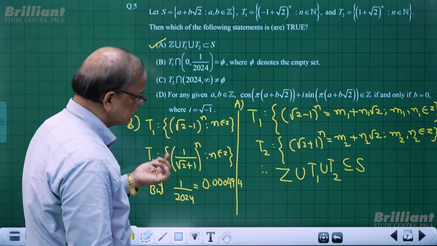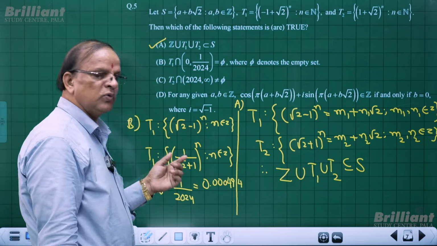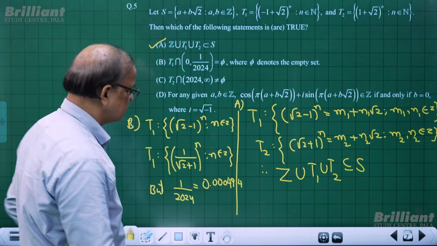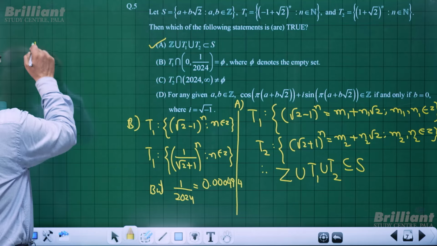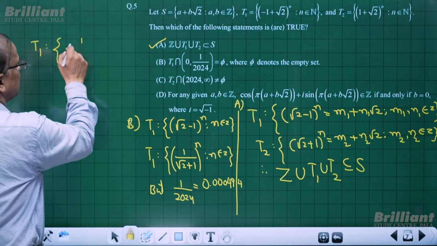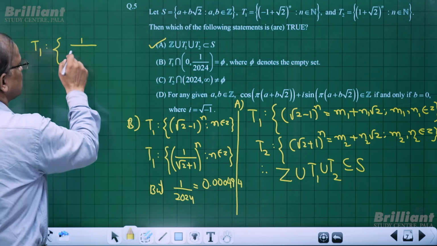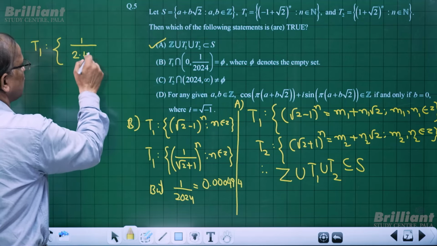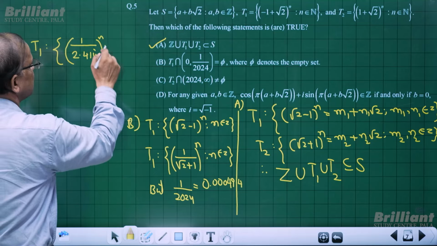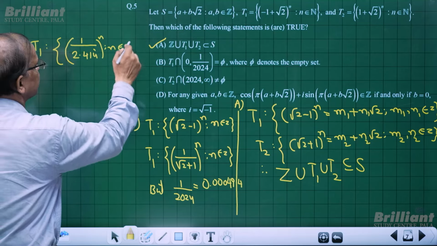So if you take the value of √2 as, say, 2.414, then T1 is 1/(2.414)^n, right, n belongs to Z.